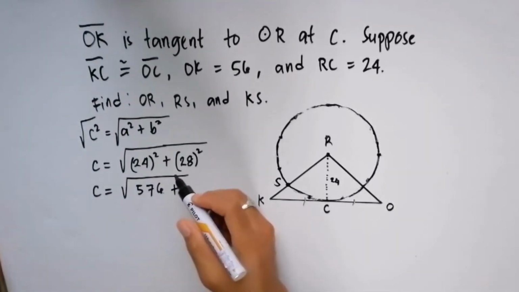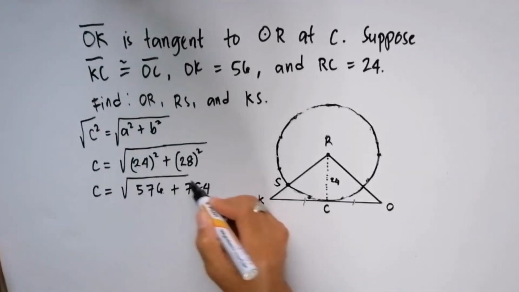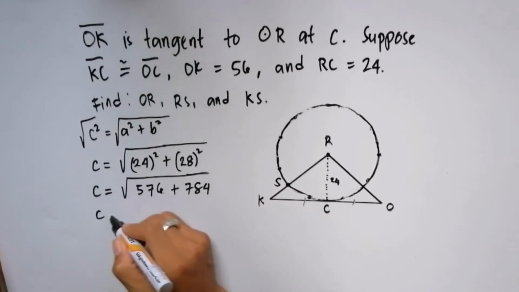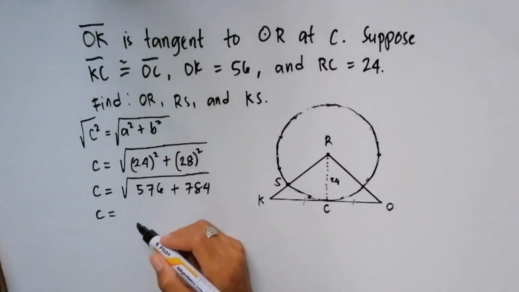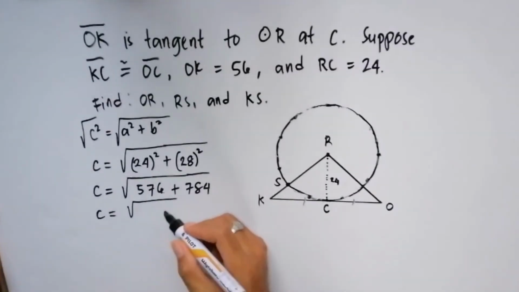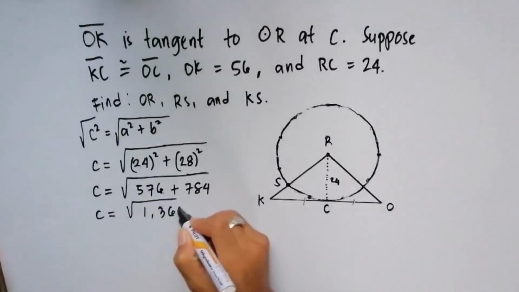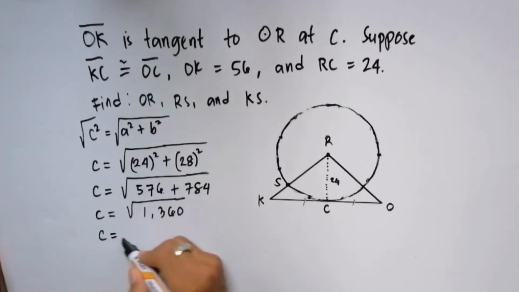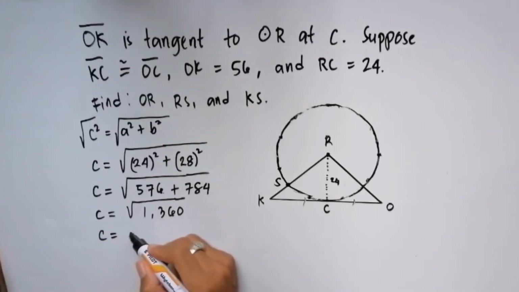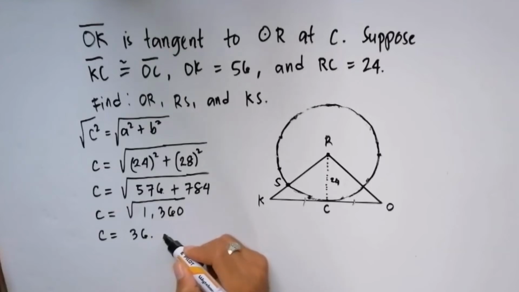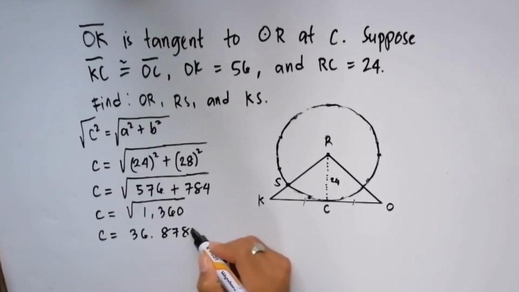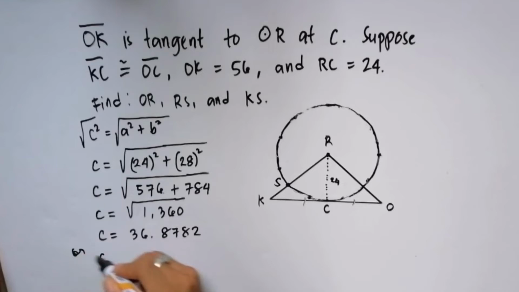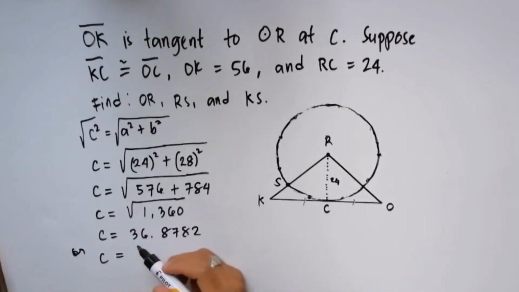So we have C is equal to the square root of 576 plus 784. C is equal to the square root of 1360. C is equal to 36.8782, or C is equal to 4 square root of 85.